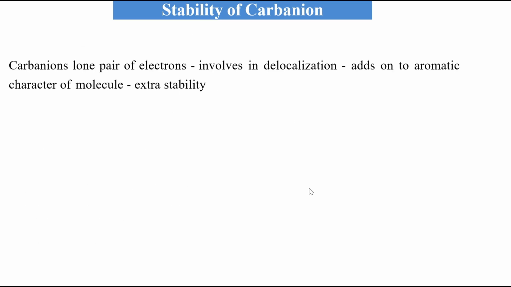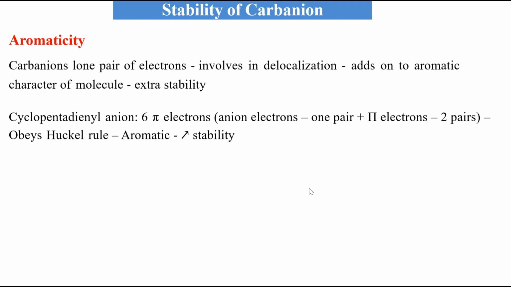When the carbanion forms part of an aromatic system, it becomes stable. The cyclopentadienyl anion has 6 pi electrons.